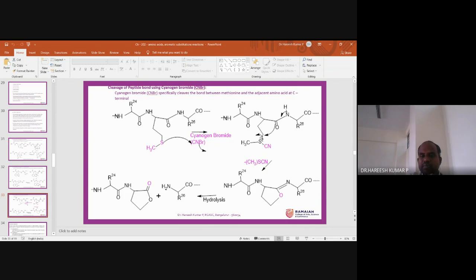When sulfur is pulling a bonded pair, this bond pair comes over here and attacks this carbon, and there will be formation of a compound like this. The last step is the same, meaning hydrolysis of the imine. There will be a cleavage here, CO is coming over here, NH2 is coming over here. This is how cyanogen bromide cleaves the peptide bond.